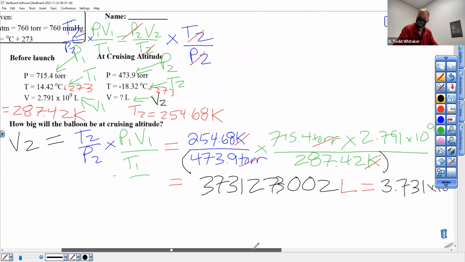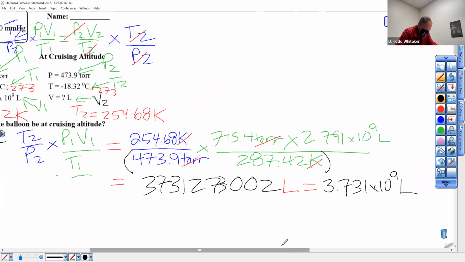Here's how I like to look at things in percentages. Temperatures are here. Look how close those numbers are to each other. Torrs. This number is only a little more than half of this number now. That's a bigger change, right? The ratio of the torrs together is like 1.5.